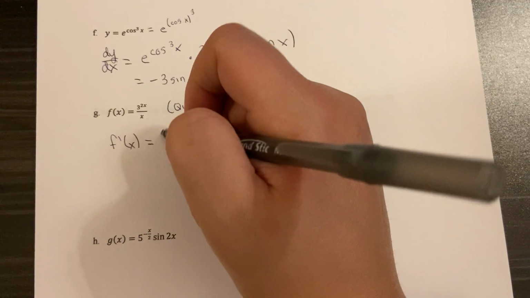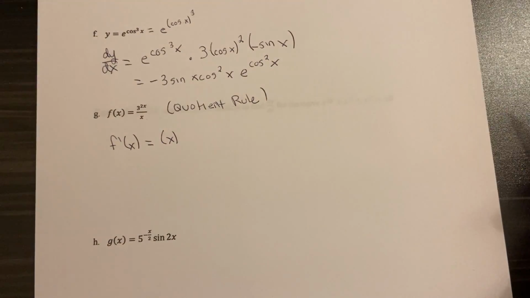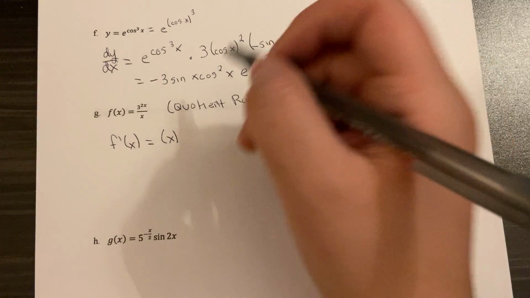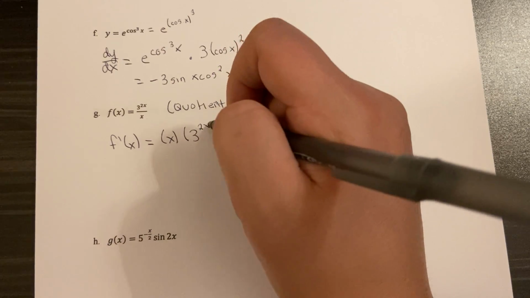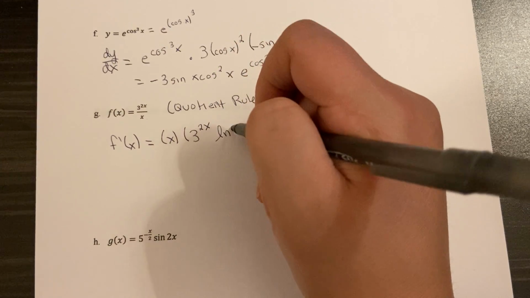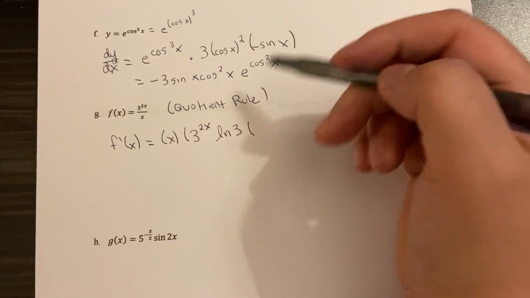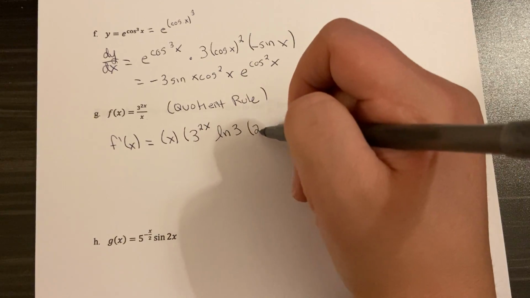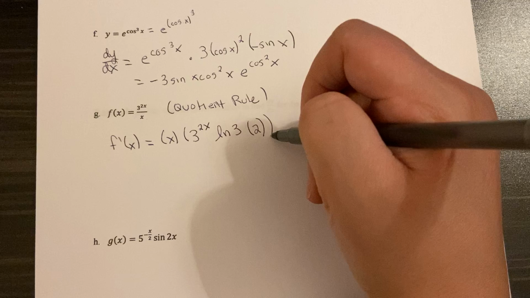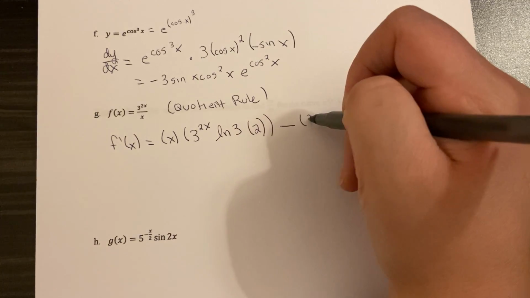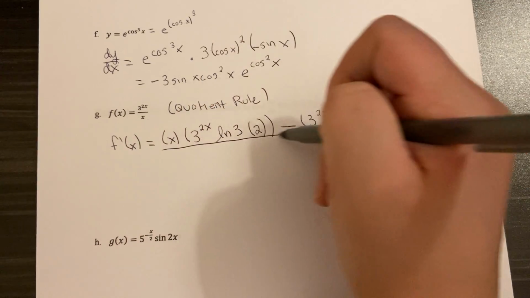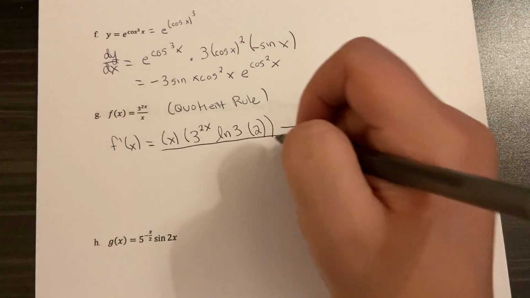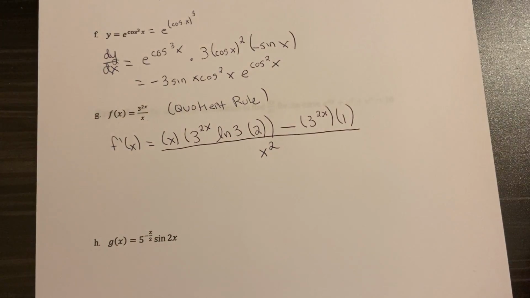It's the denominator as is times the derivative of the numerator, which would be 3 to the 2x times ln of 3 times the derivative of that exponent, which is a 2, minus the numerator as is times the derivative of the bottom, which is just a 1, all of that over the denominator squared.